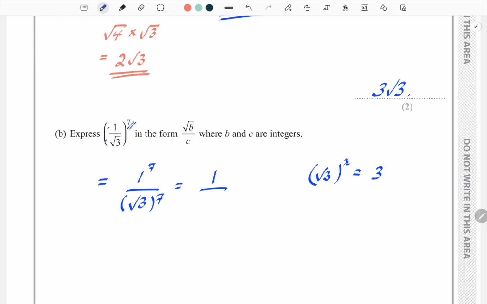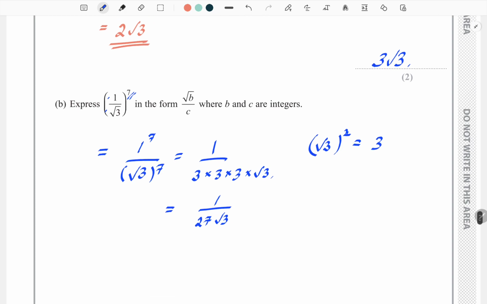So each pair of powers, if I want to describe it like that, results in a 3. So that effectively is going to be 3 times 3, remember it's power 6, so 3 again, and times root 3. So the whole thing is coming to 1 over 27 root 3.